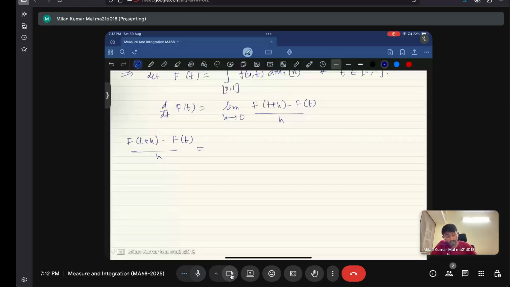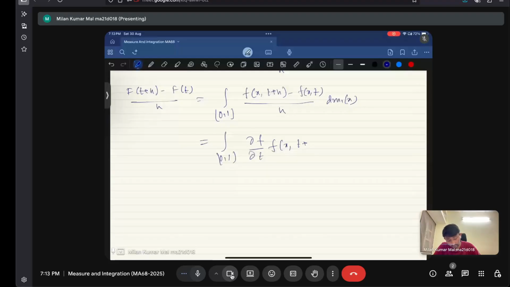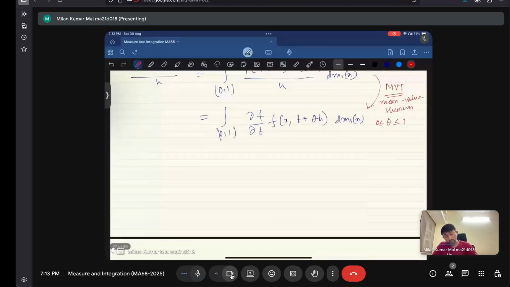Now by MVT, the mean value theorem, this can be written as the integral over [0,1] of ∂f/∂t (x, t+θh) dm1(x). Here θ must be between 0 and 1. θ may depend on x and t, everything, obviously on t, but x as well, because this is inside the function.